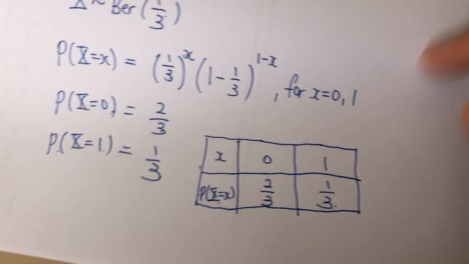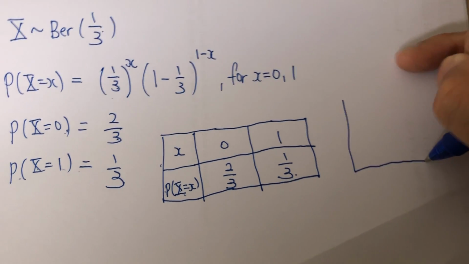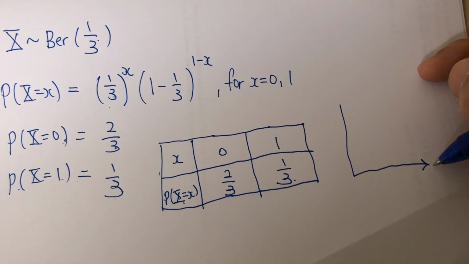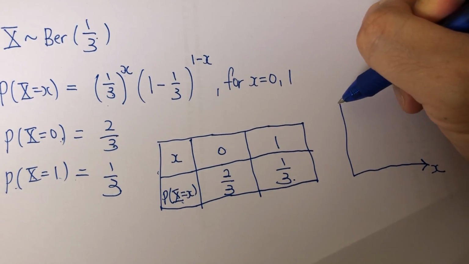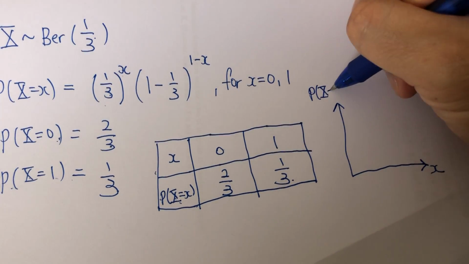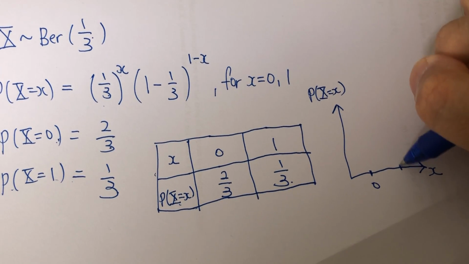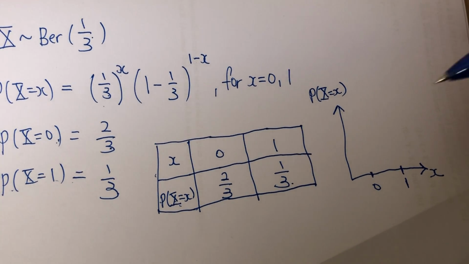And then what about the last one? Also very easy. As you know all the probabilities already, you could easily draw a graph. So the horizontal axis is x, the vertical axis is probability, X equal to x. There are only two values of x that you have to consider.